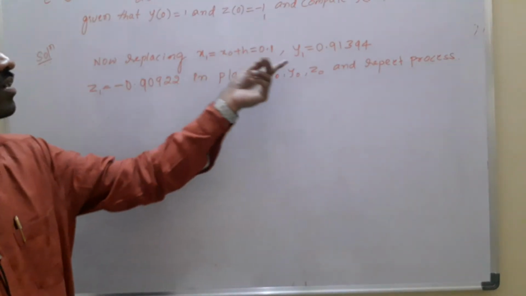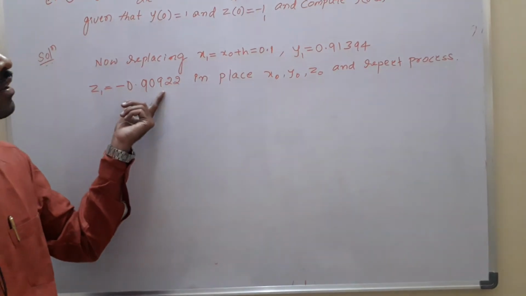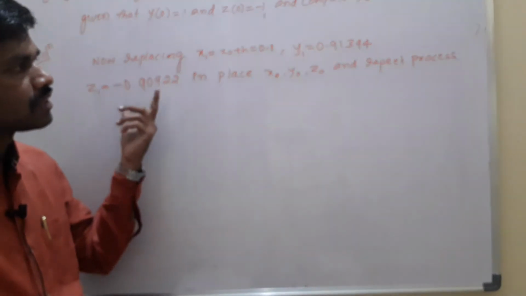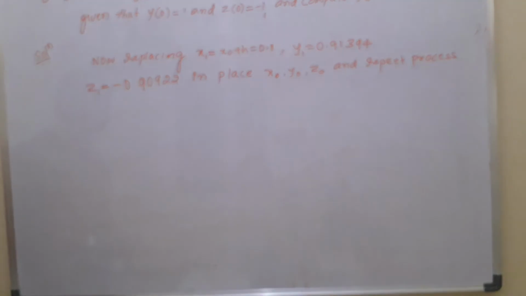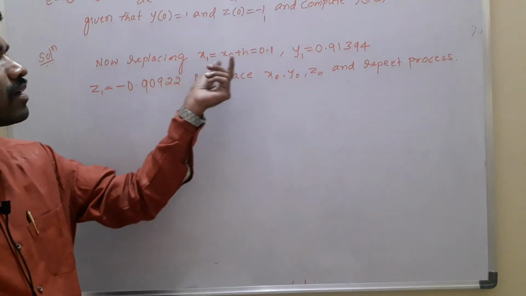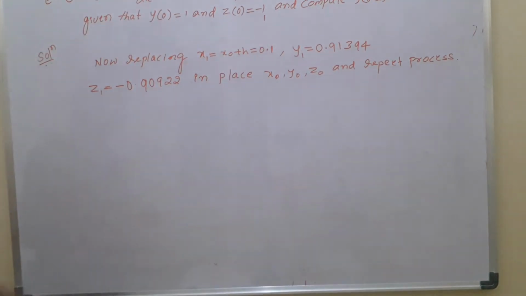In place of x naught, y naught, z naught, you can take x1, y1 and z1 values and repeat the process. We get the value of y2 and z2, that is y of 0.2 and z of 0.2.